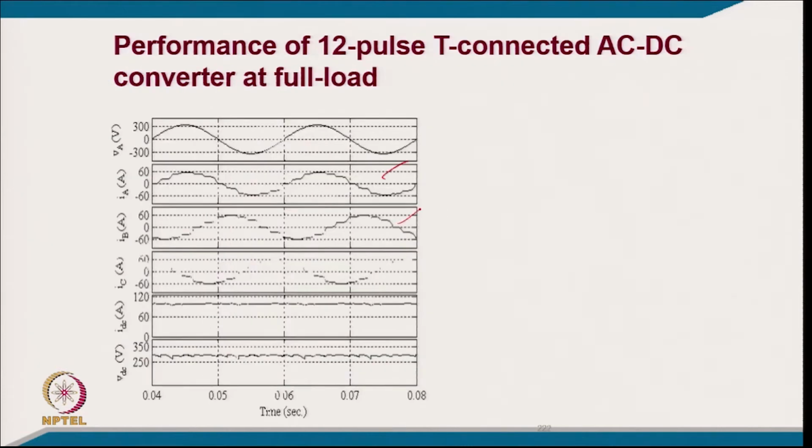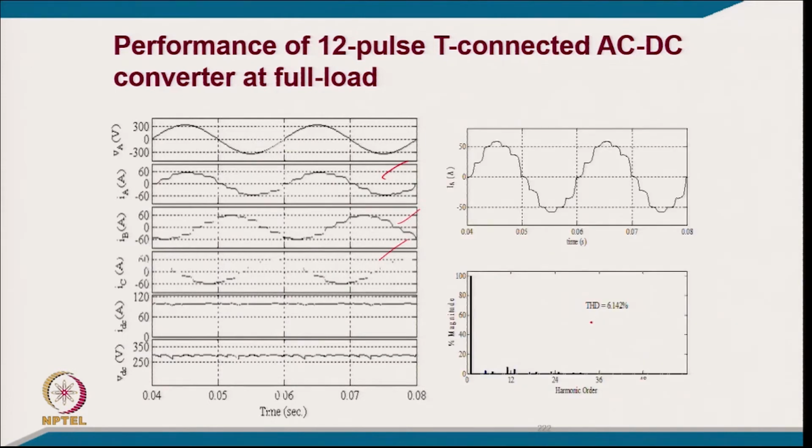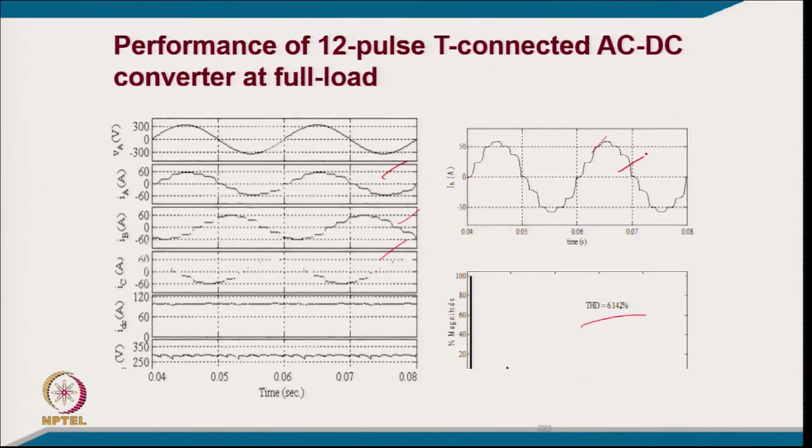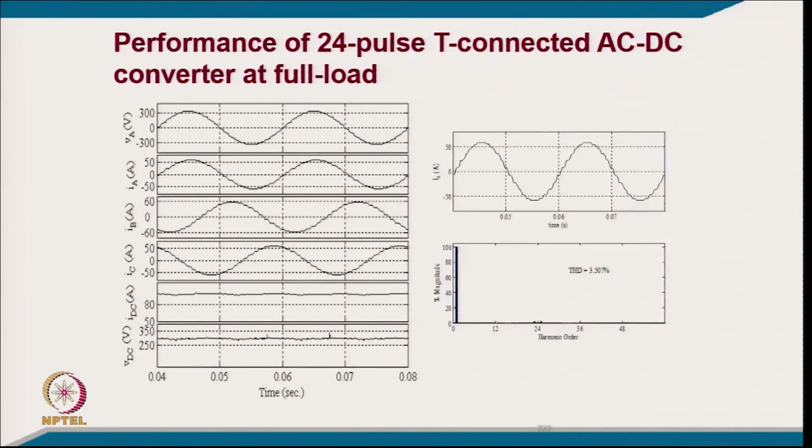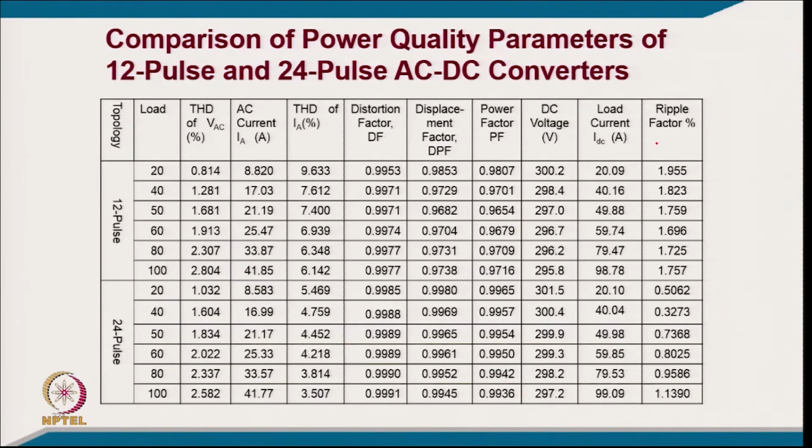And these are the currents typically in case of 12 pulse: 3 phase currents drawn from the supply, and the THD of this is of the order of 6.14% in place of 15% because of the effect of leakage reactance of the transformer. And these are of course for 24 pulse with pulse leveling, and the THD reduces to the order of 3.5% in place of 7.5% because again of the effect of the leakage reactance, and your current goes very close to sinusoidal also.